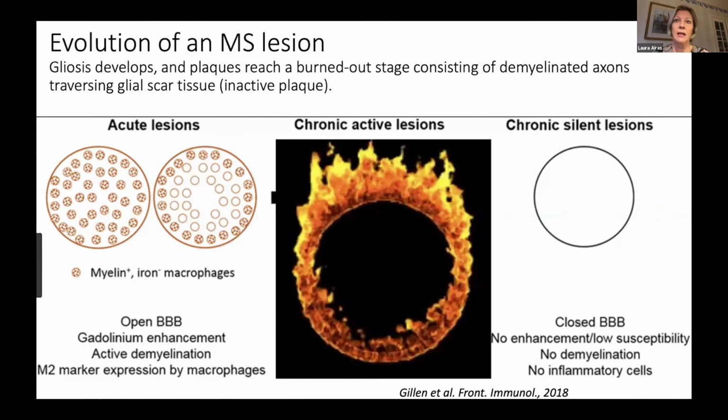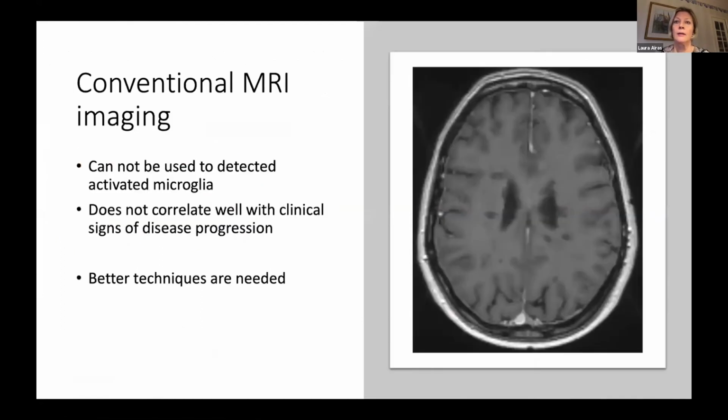So particularly the chronic active or the smoldering lesions are considered harmful in terms of neural damage and disease progression. And conventional MRI, which is the most commonly used imaging technique in the MS field, cannot be used to detect the activated microglia.